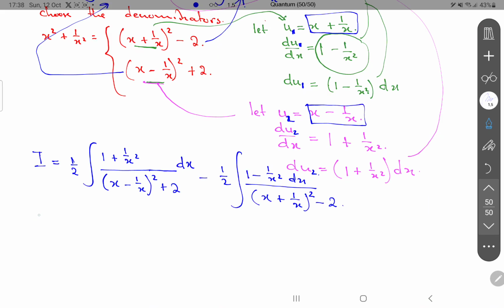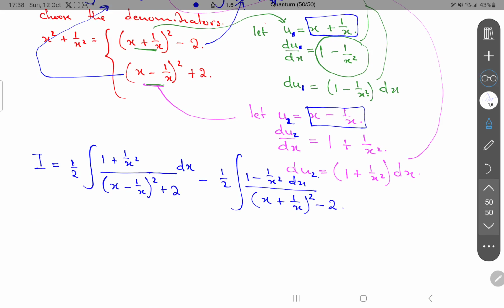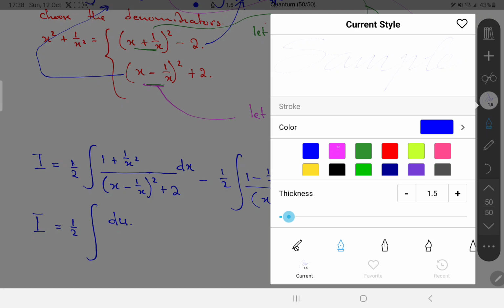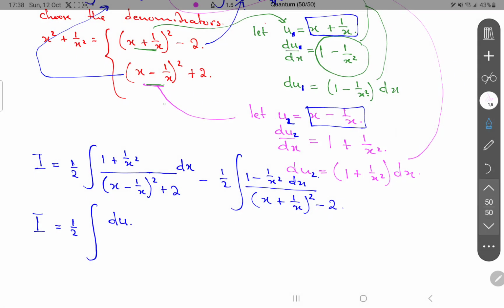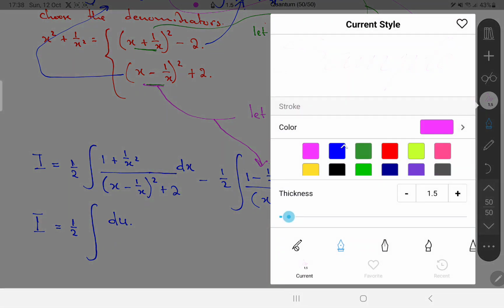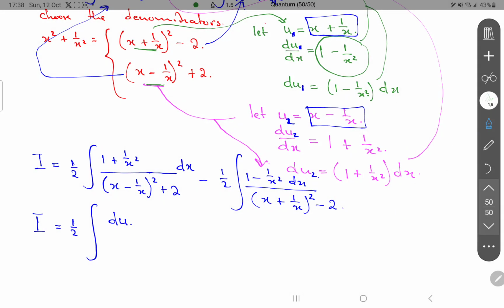Now, because we have defined the u already, we say your integration is equal to a half the integral of, remember the top is a du. From what I showed you, the pink one is going to go minus, so this one is going to go here, and the green one is going to go on the first one here.